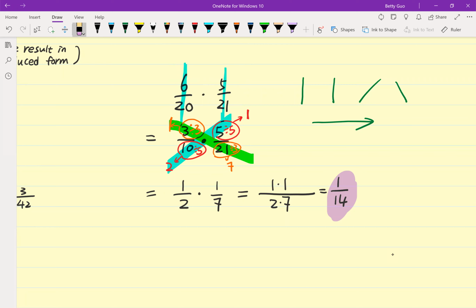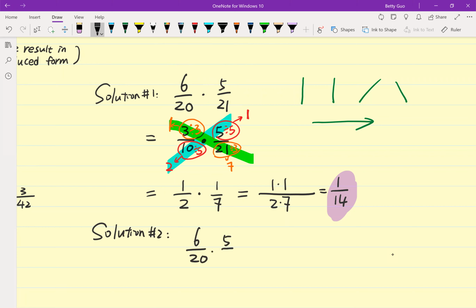On my board here I do have a second method. This is the first method. I'm going to show you why I wouldn't recommend the second method. So the second method is to multiply the two fractions directly without simplifying first. So we're going to multiply cross, right?